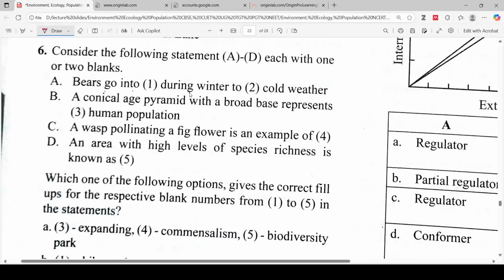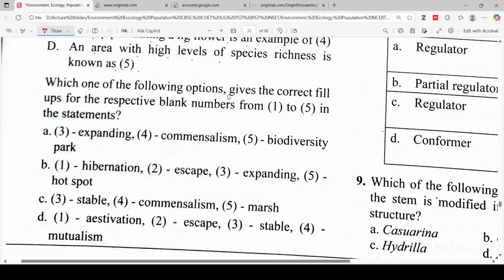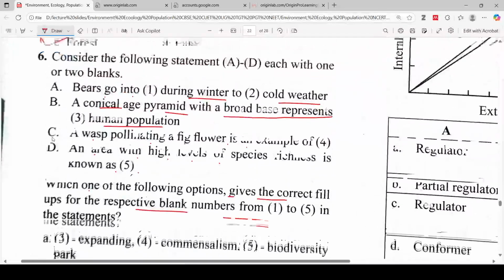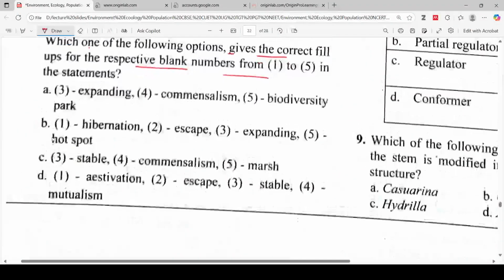Bears go into hibernation during winter and cold weather. A conical pyramid with a broad base represents a human population. A wasp pollinating a fig flower is an example of 4. An area with high levels of species richness is known as 5. Which one of the following options gives the correct fill-ups for the blanks? So the correct answer will be B.